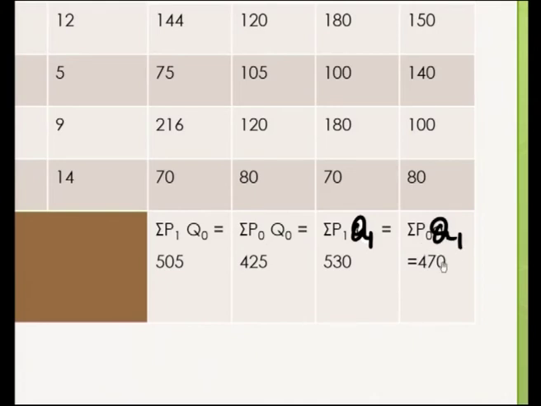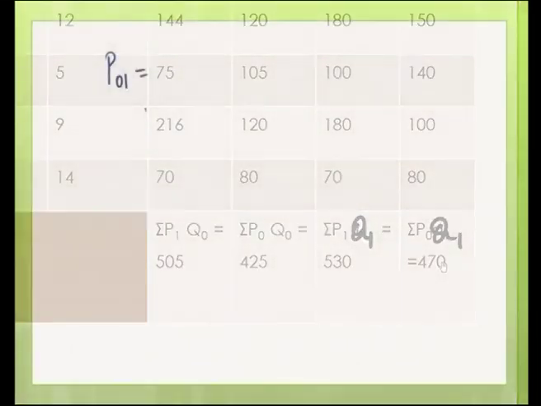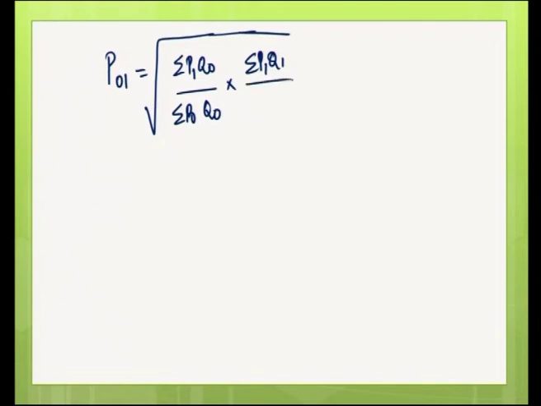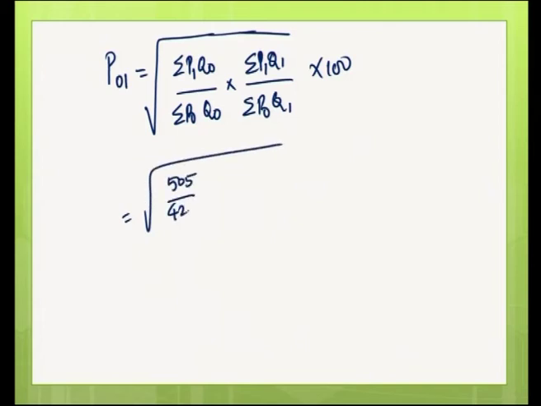With these summation values, we proceed to find the Fisher index and see whether it satisfies the tests asked in the question, that is, the time reversal and factor reversal tests. The price index formula is P01 equal to the square root of summation P1 Q0 by summation P0 Q0 into summation P1 Q1 by summation P0 Q1, into 100, which is the root of 505 by 425 into 530 by 470, into 100.